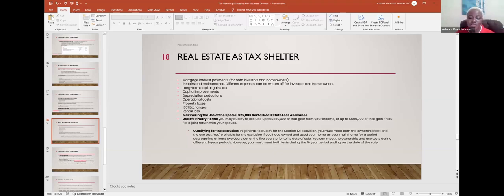But you want to make sure that you qualify as a real estate professional, meaning that you are actively involved in the real estate, not just passive. Yes, real estate is passive income, but you want to be involved actively while doing that to be able to take advantage of that $25,000 deduction. And also using your primary home as a tax strategy can be very useful.